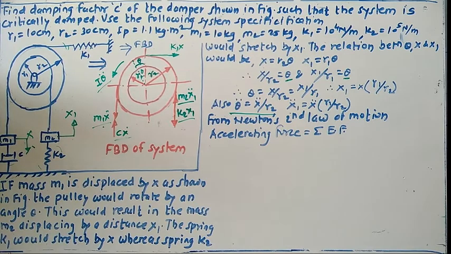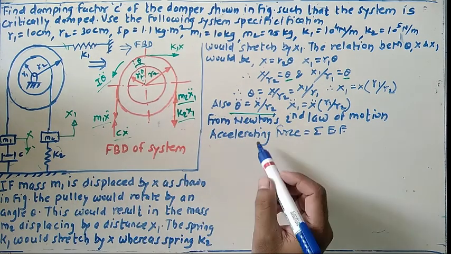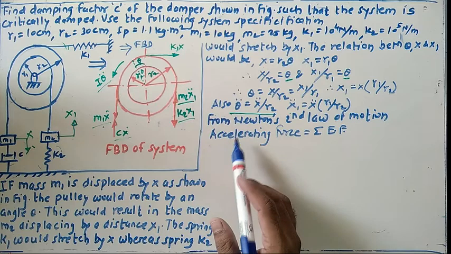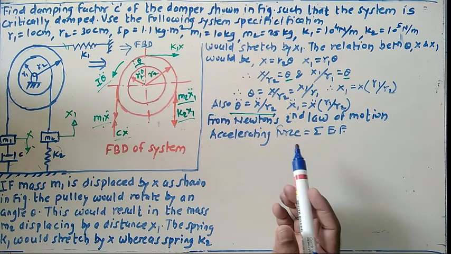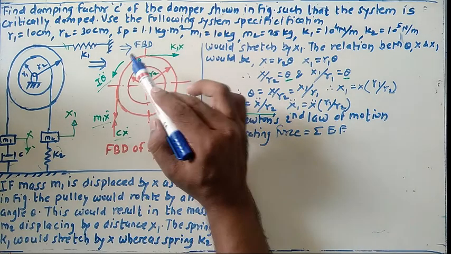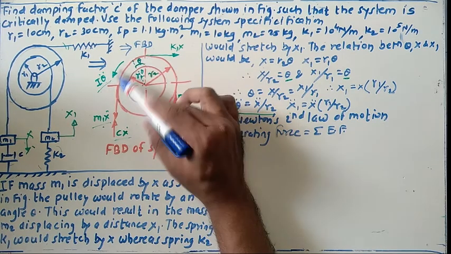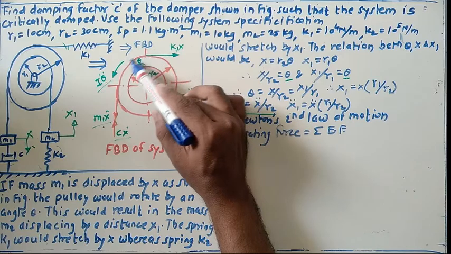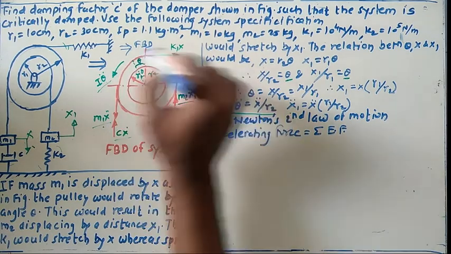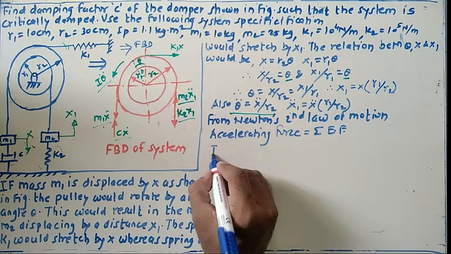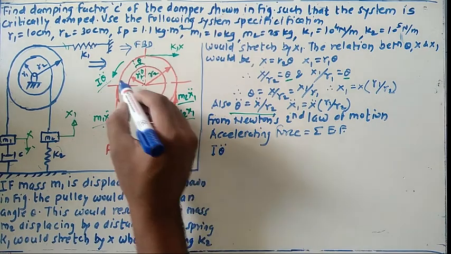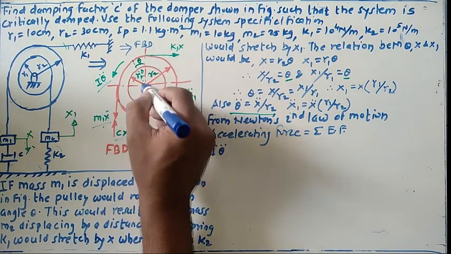If you compare this problem with the previous cases, in the previous cases we found a single accelerating force. In this case, look at this accelerating force, I theta double dot, which turns about this center, in the anti-clockwise direction. So this force must be positive. This actually turns about this point, so here is the center point.